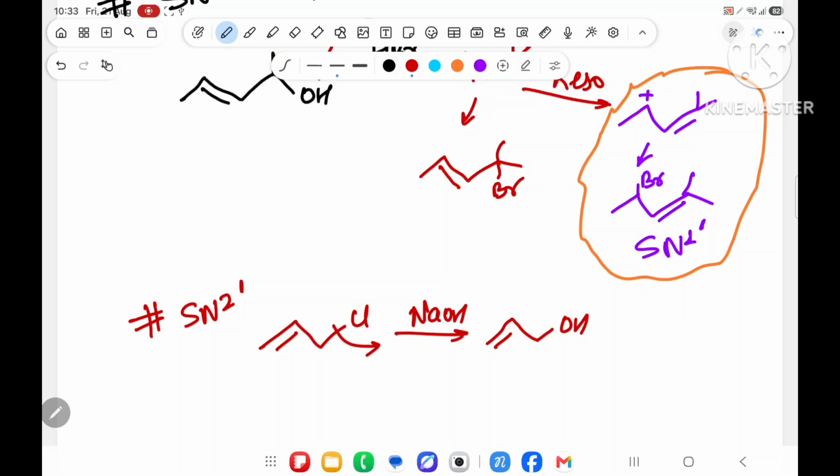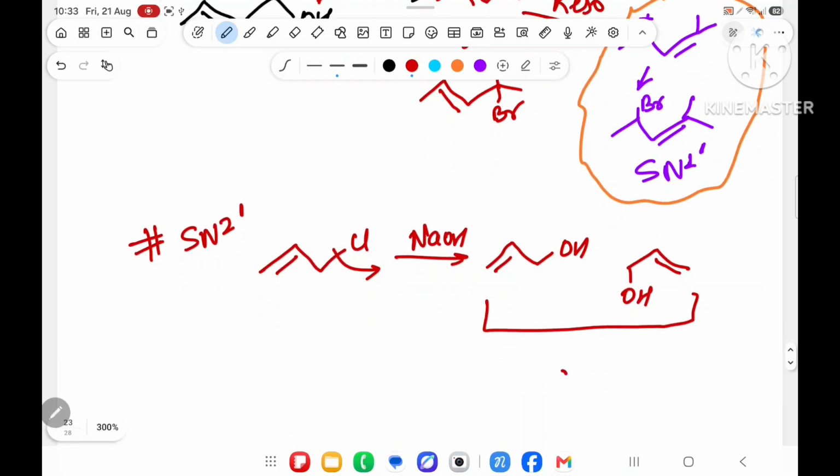Another option: you do resonance, and after doing resonance the double bond comes here and OH comes here. The resonance product you have drawn is known as SN2 prime. So wherever you do resonance and after that something attacks, that product is known as SN1 prime or SN2 prime. Understood this part? Yes sir.